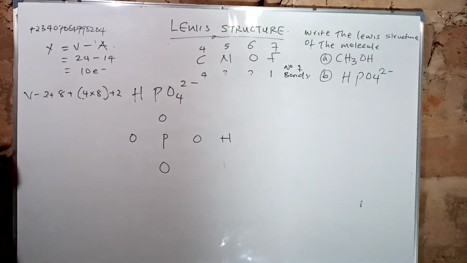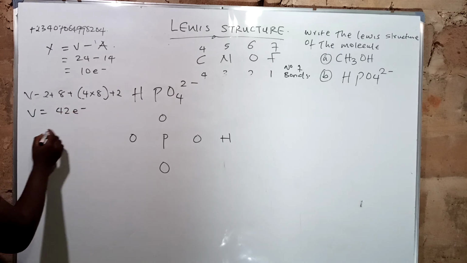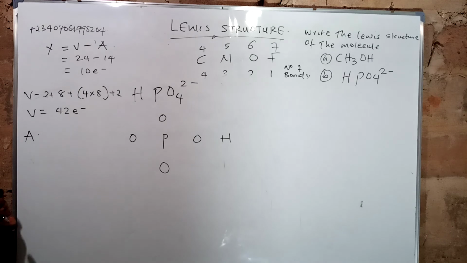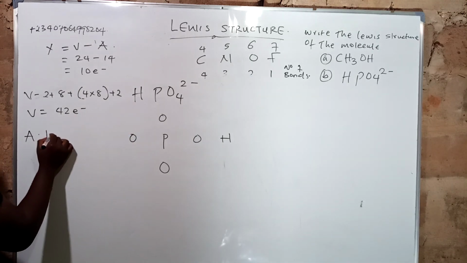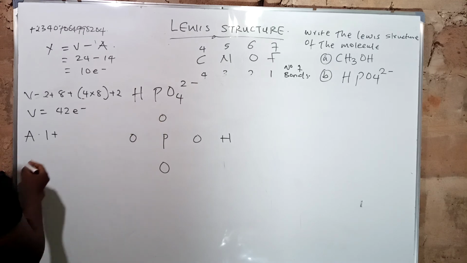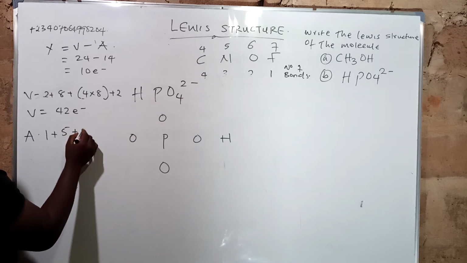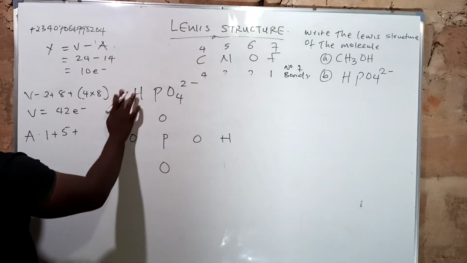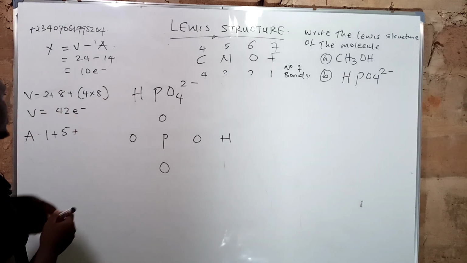V is 42 electrons. Then the next thing is for you to get your A, right? So from here, the valency here is 1 plus, because we have 5 plus, please, I'm not supposed to add 2 here, but this is the one for noble gas.